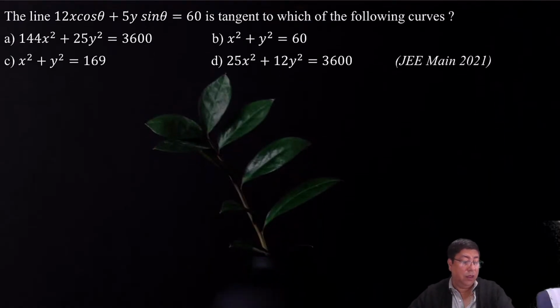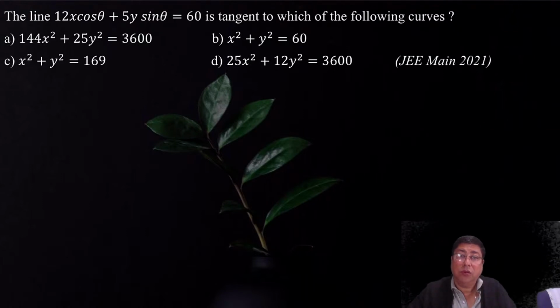The line 12x cos theta plus 5y sin theta equal to 60 is a tangent to which of the following curves? What is to be done, everybody? This is a tangent, so let us get it into the x cos theta by a plus y sin theta by b form.